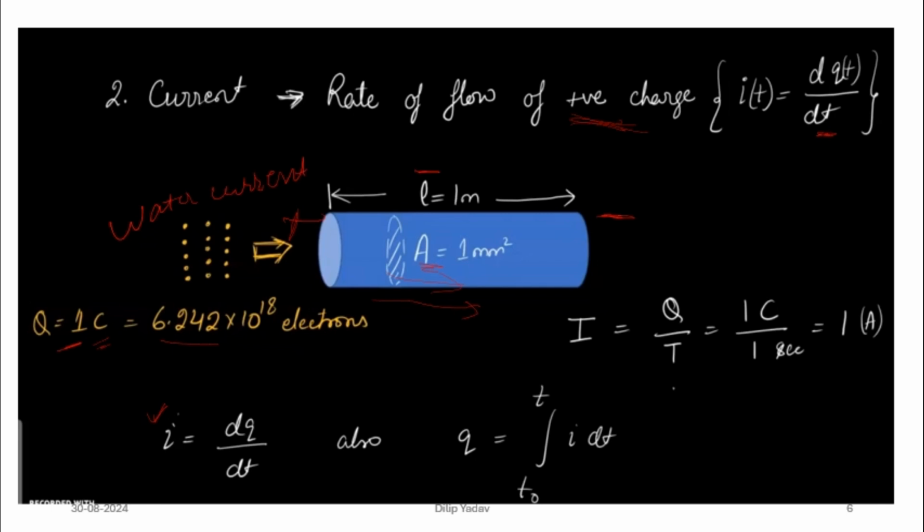I is equal to Q upon T, where Q is the coulomb and T is 1 second. It is said to be 1 ampere when 1 coulomb of charge passes in 1 second.